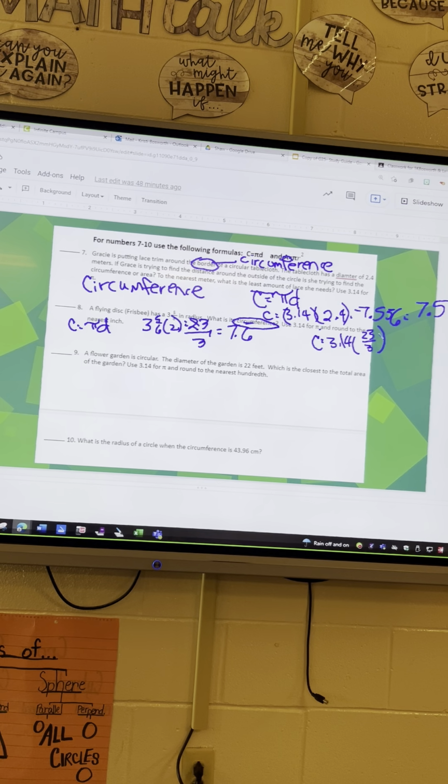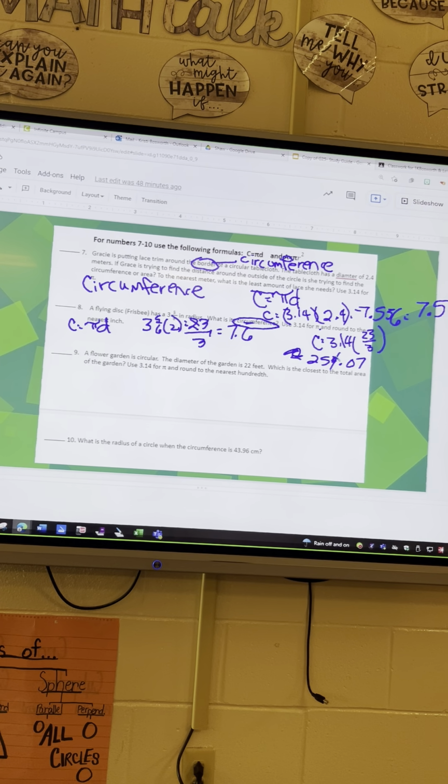It's 254.07, right? These formulas you will have. You will have your cards that are at the table. The formulas will be on the test.